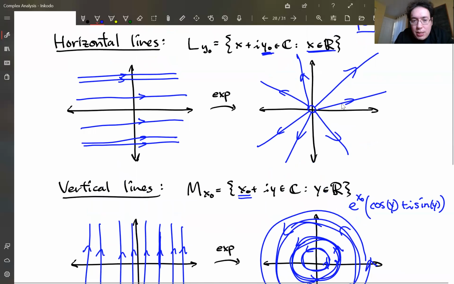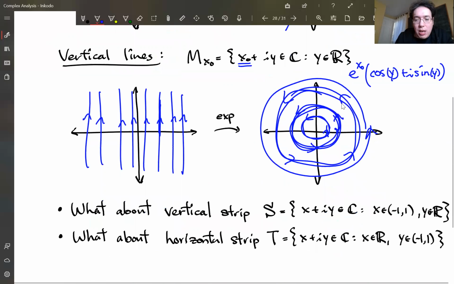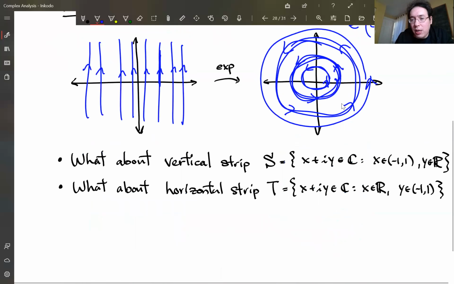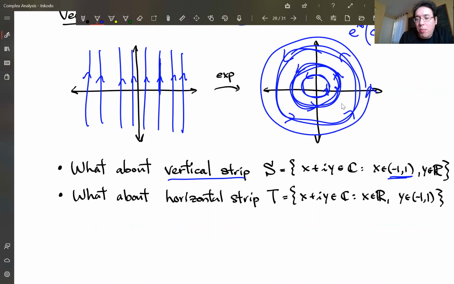If you think you understand this picture so far, I'd like you to pause the video and now reason for yourself. What would a vertical strip where the real part is fixed between -1 and 1 and y is allowed to vary, what does this set look like in the output?